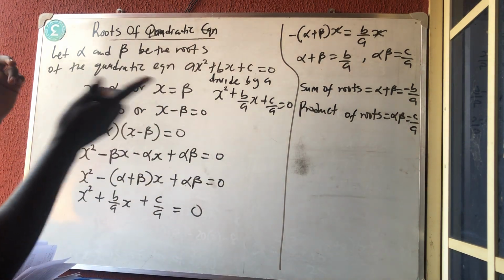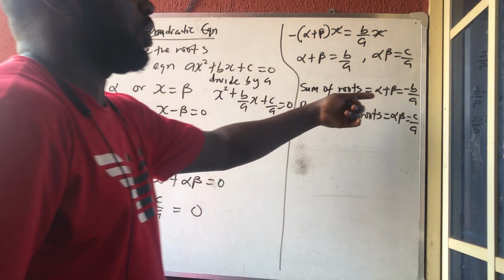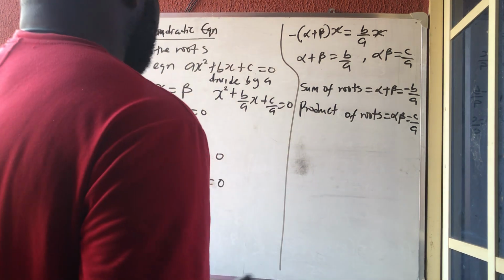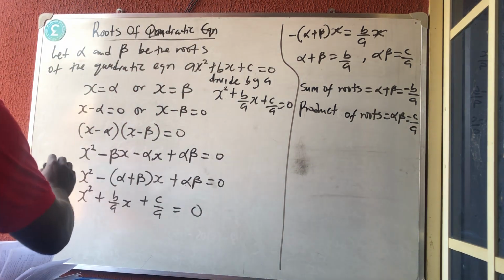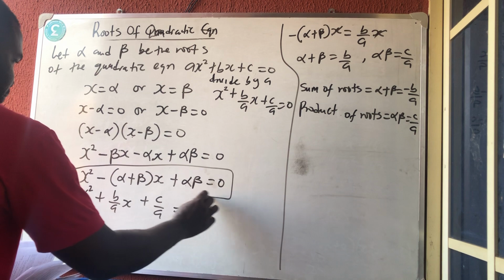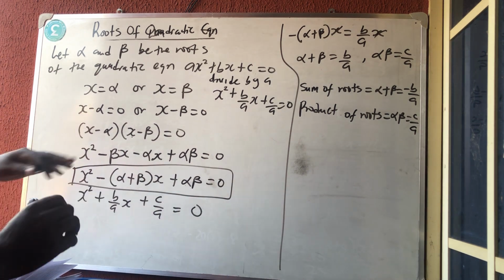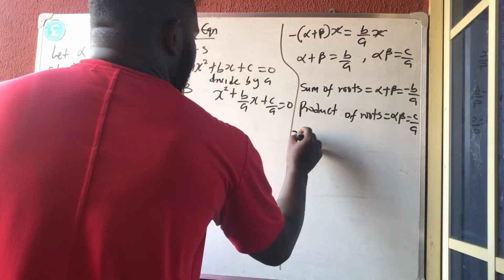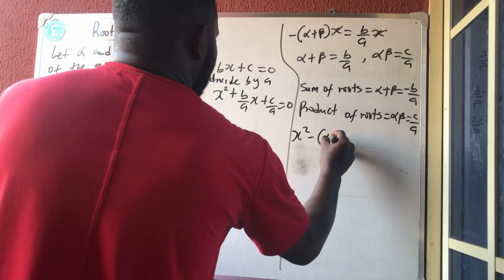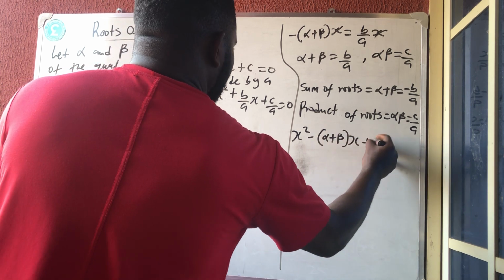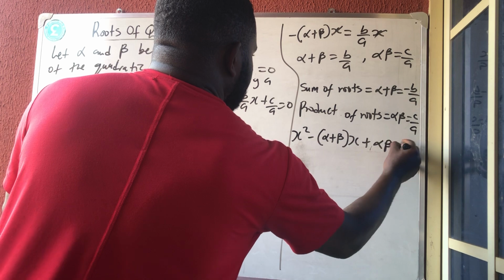If you are being asked anything, the first thing you must get is the sum of the roots and the product of the roots. So this formula here is teaching me something. This formula that said x squared minus alpha plus beta x plus alpha beta is equal to 0.